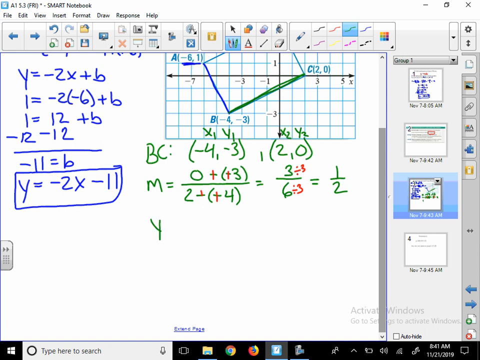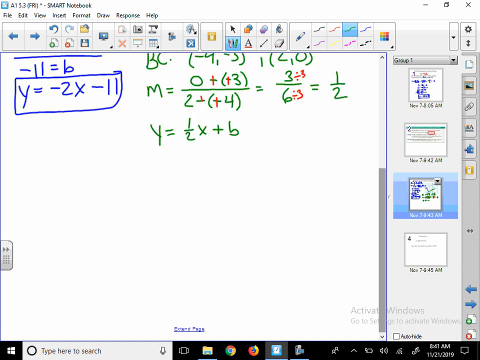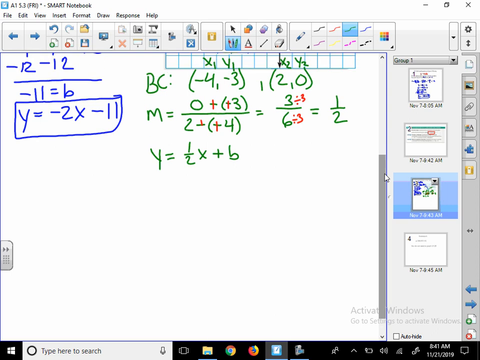So I have the equation y equals 1/2 x plus b. And I like to plug in the point 2, 0. Why? Because I have a 0. 0 tends to make things nice for me. So I plug in, I get 0 is equal to 1/2 times 2 plus b.